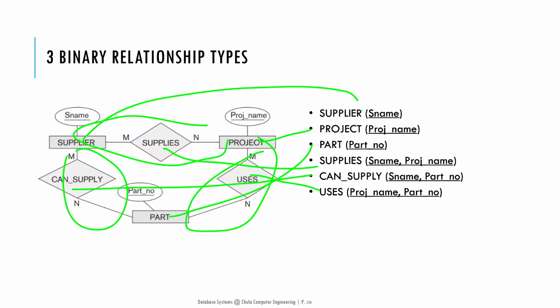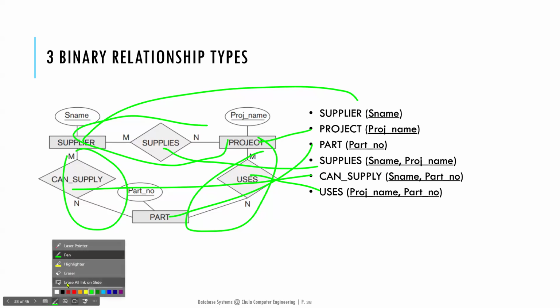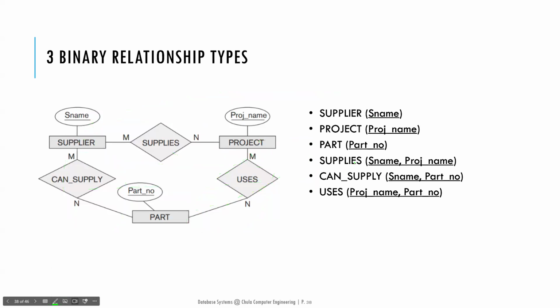And what happens is that from the entity you make a relation, you only include the key, right? But for these relationships, you have to take the keys associated to it. For example, let me clear this first. Okay, let's take a look at supplies, which comes from this one.